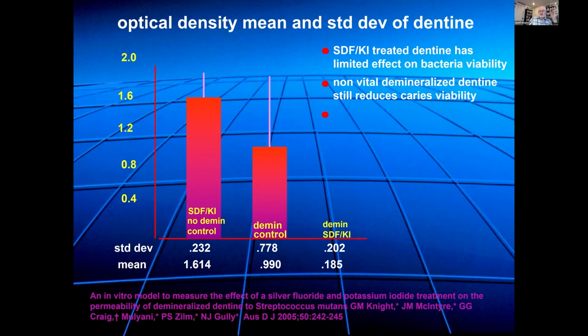Even though it's dead and can't do anything, there's still something in there stopping the bacteria from reaching full viability. I thought it was a mistake in the data, but I went over and over it, and it kept coming through. There's also quite a wide standard deviation, which says that various dentine specimens have different resistance.